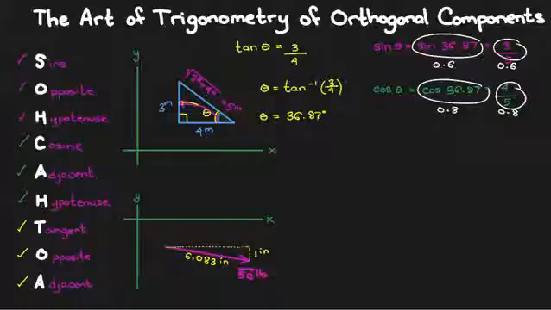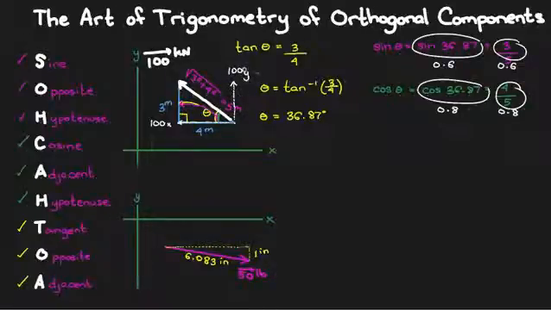So where am I going with this? Let's say I have a vector and the magnitude of that vector is 100 kilonewton. I am interested in finding the x component as well as the y component of this vector. Isn't the x component just this component, which I will call 100 subscript x? Isn't the y component just that vector, which I will call 100 subscript y?